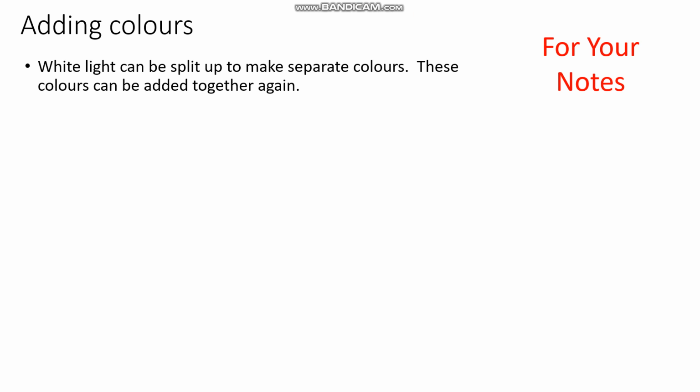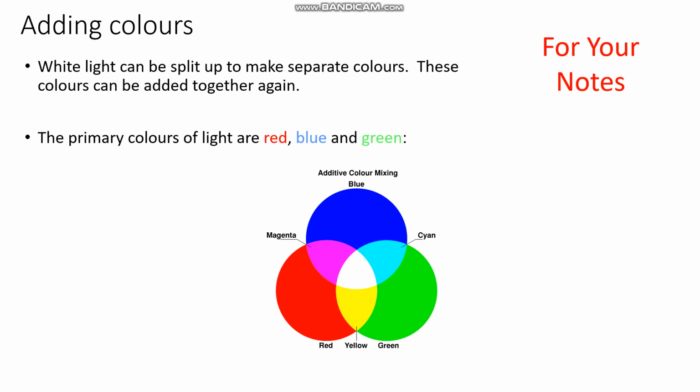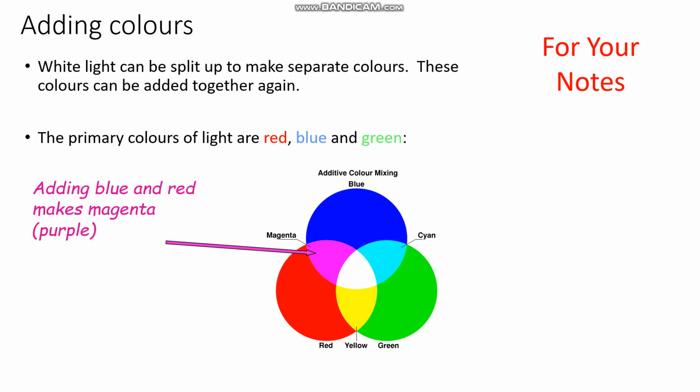Okay, so we need to make a formal note of that. Could you put the title Adding Colours? And can you jot this note down? White light can be split up to make separate colours. These colours can be added together again. The primary colours of light in science are red, blue and green. There they are. Blue and red make magenta.